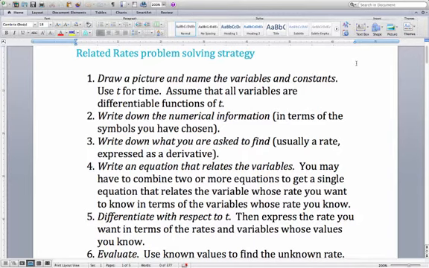So we're going to be differentiating with respect to time. So we're going to have to attach a d dt. That is the rate of change with respect to time. So this is the process. You may want to press pause now to write this process down.